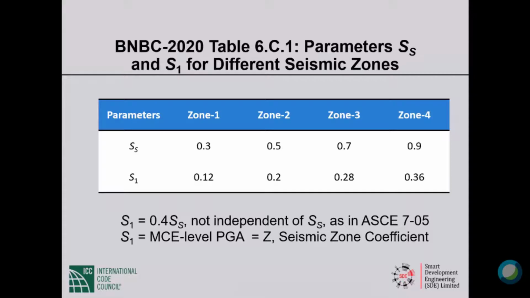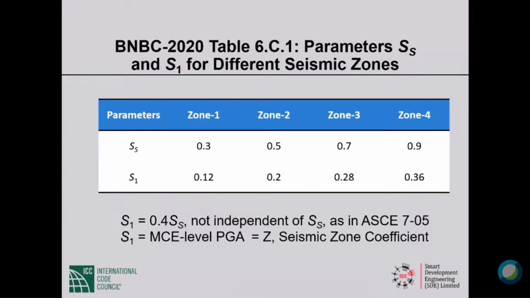And that's what the Z value is supposed to be. This is why Z and S sub 1, which is also taken equal to 40% of S sub S, coincide. They are the same. So one more time from dynamics, if you take the short period spectral acceleration, S sub S, which is MCE level, and divide by 2.5, you get a good approximation of the peak ground acceleration, which will also be MCE level.